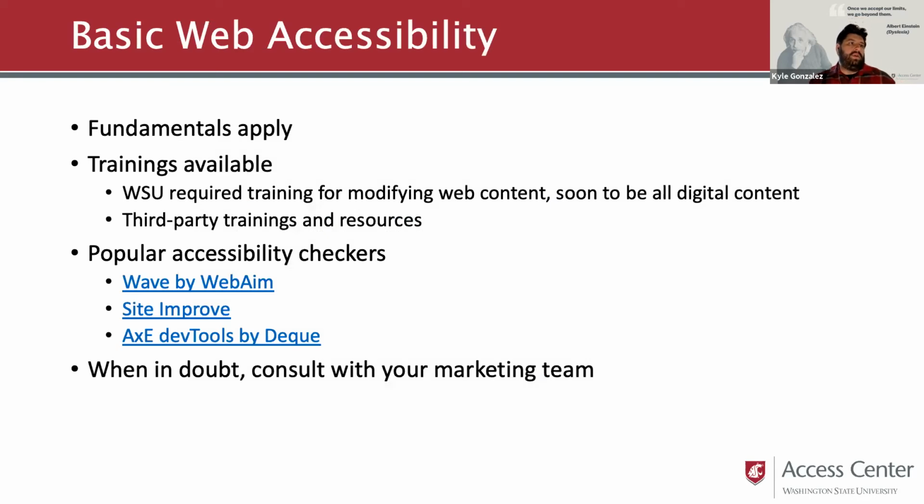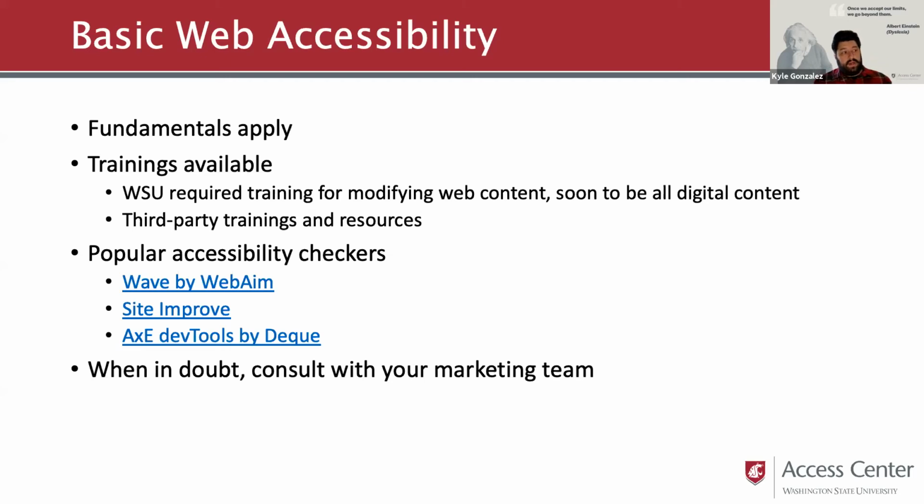So moving on to web accessibility, all the same fundamentals apply. Again, there's tons of trainings. WSU does have a required training on Skillsoft for anybody who wants to modify web content for a WSU web page. There's tons of third-party trainings out there as well. You have a few accessibility checkers out there that are easy to use.